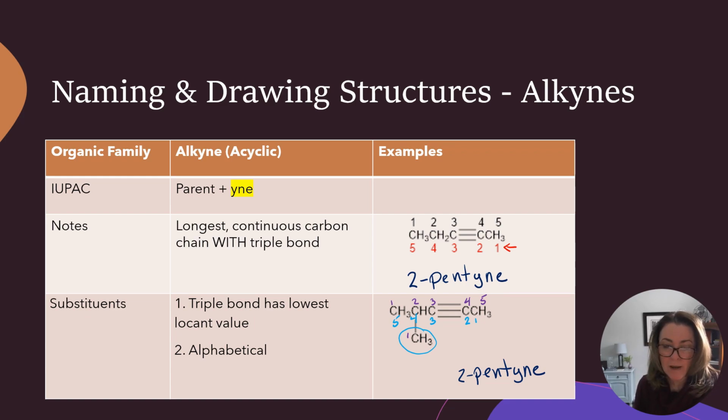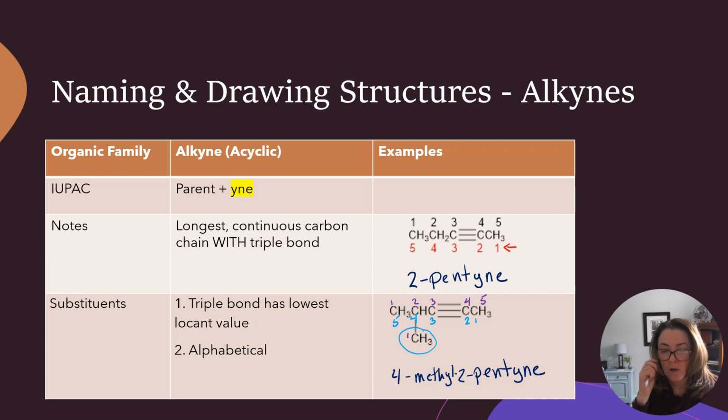And now I do have a methyl group. Now that methyl group following our blue numbering scheme is on carbon number 4. So I need to add this in, that I have that methyl group on carbon number 4. So this is, I hope you all can read that, 4-methyl-2-pentyne.